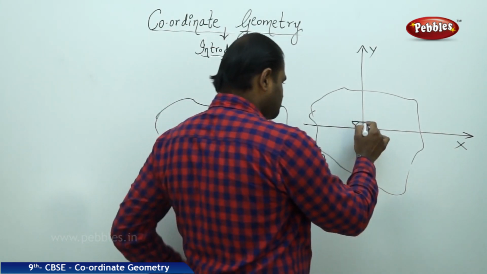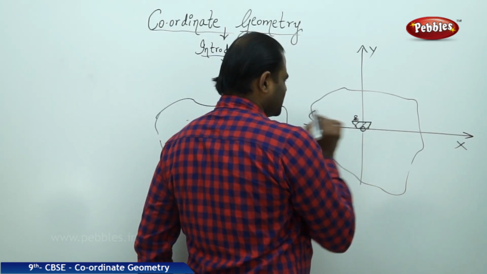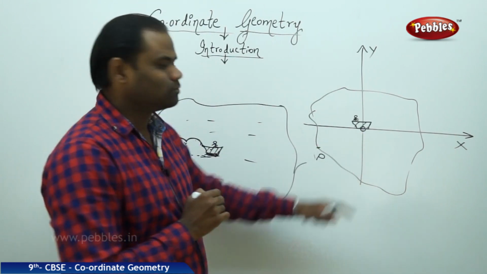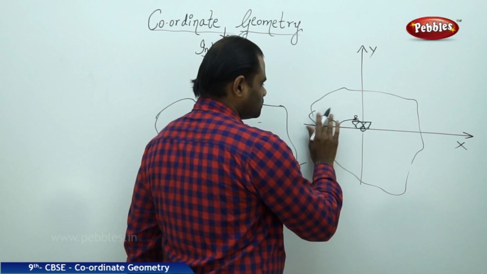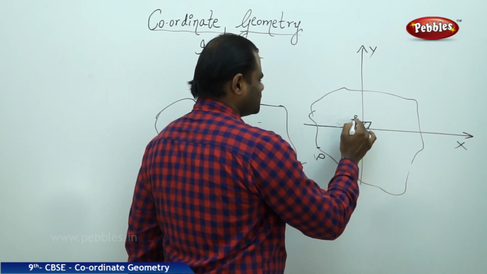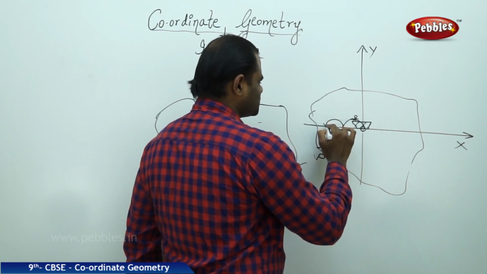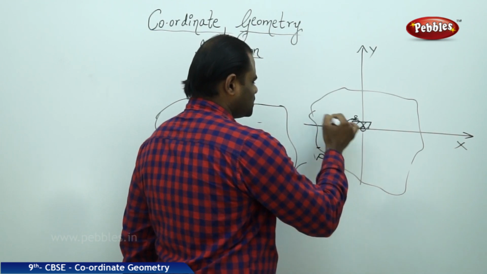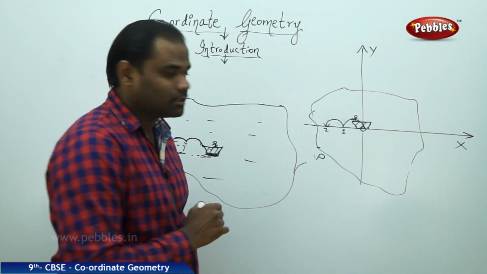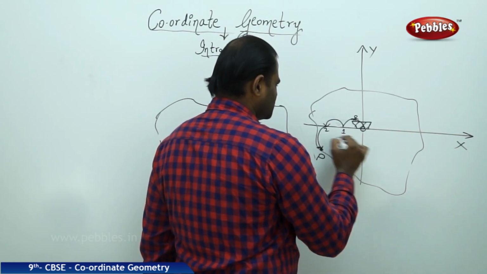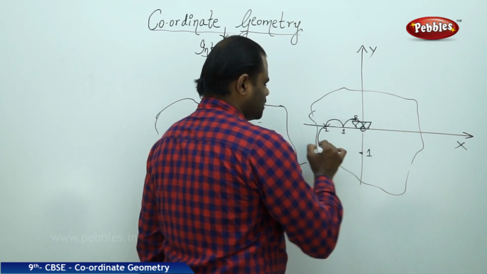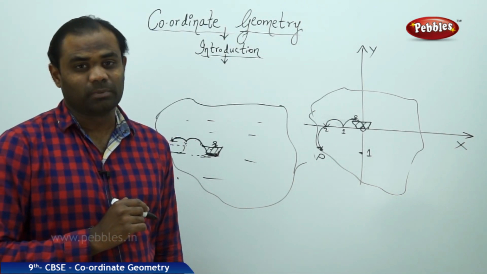A person standing here in the ship in the sea would move 2 units, 1 and 2 units to the left, and then he would move 1 unit down, is how we understand the opening problem.